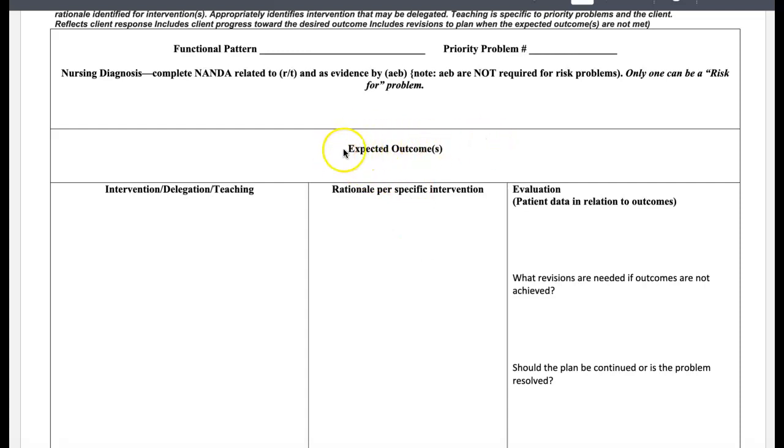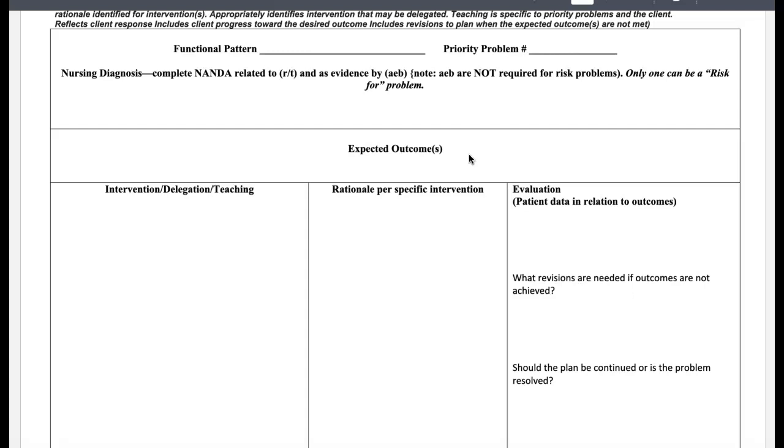Up here, you're going to have your expected outcomes. If you had an imbalanced nutrition, less than body requirements, secondary to that swallowing issue, and they've had a 10-pound weight loss, make sure with your expected outcome that you're using SMART outcomes.